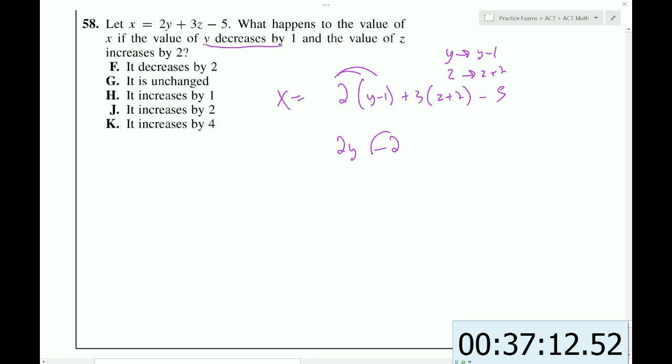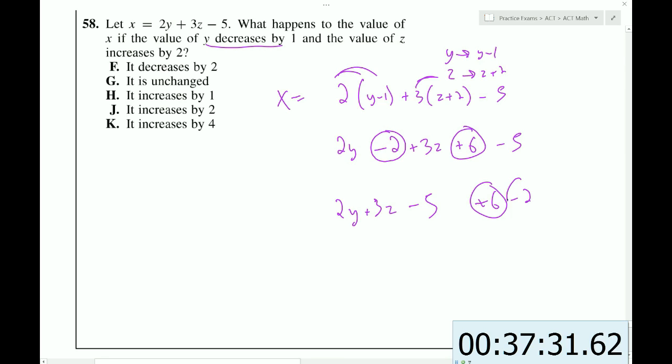So this minus 2 has just appeared. That's a new piece. And then distribute the 3. You get plus 3Z plus 6. That's a new piece as well. So you see the parts that I haven't circled are the old stuff. The parts that I have circled are the new stuff. So the new stuff is just adding 4 to the original.